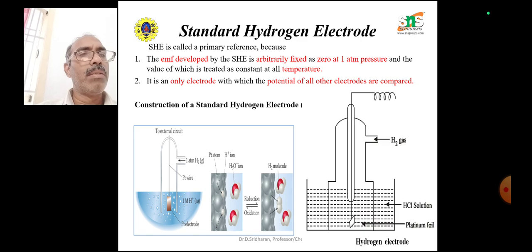Here we can see the SHE electrode setup, using platinum foil and platinum wire, passing H2 gas, and the electrolyte is hydrochloric acid.